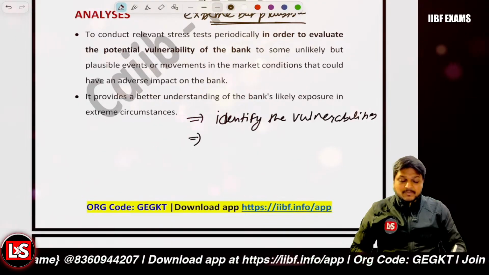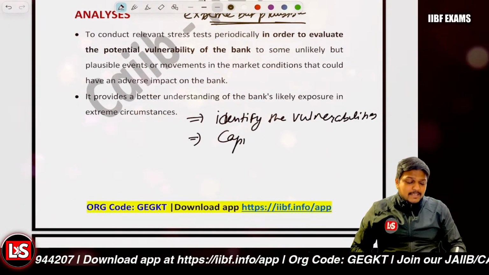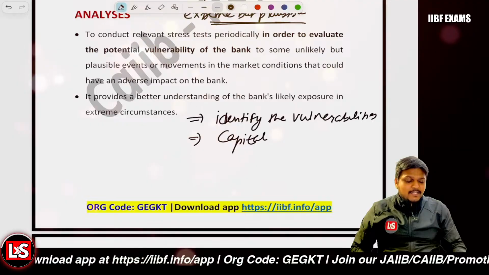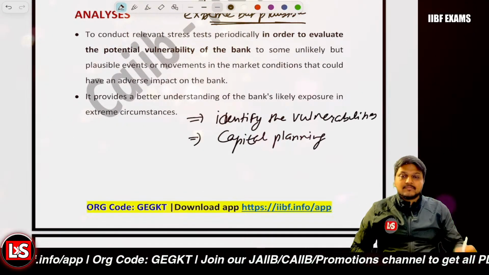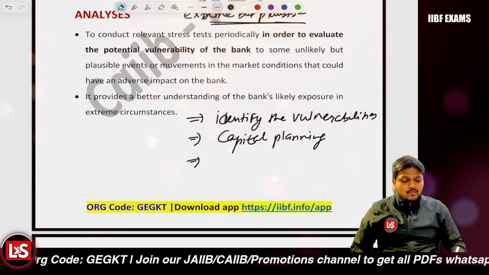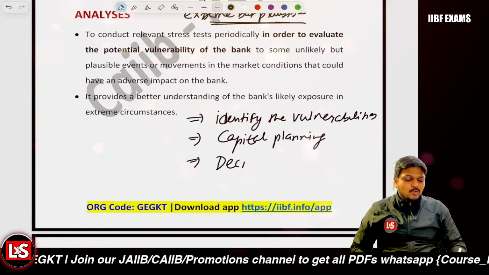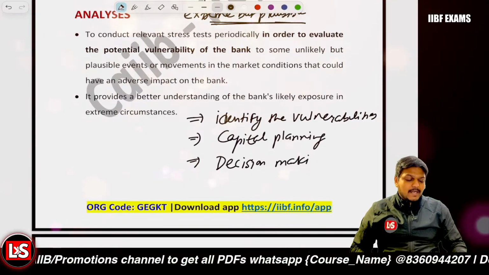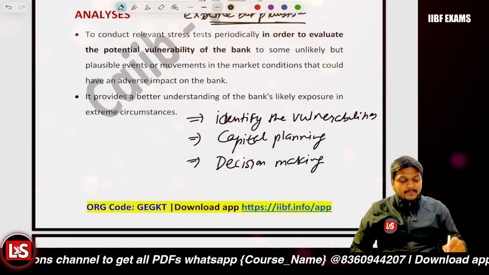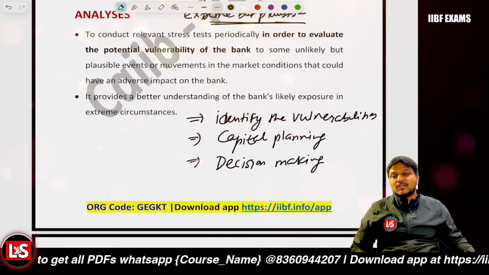That's the first part. And also so as to do the capital planning in the adverse scenarios for the different scenarios. And so as to do a proper decision making in those scenarios. So that is a major purpose related to the stress testing and the scenario analysis.